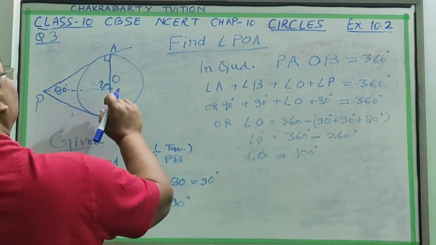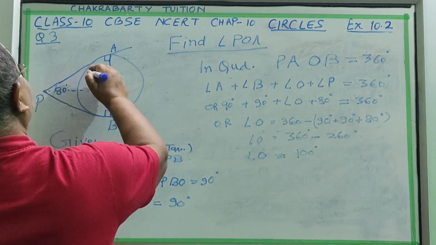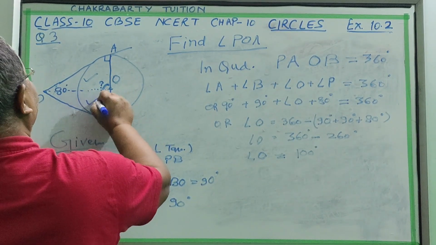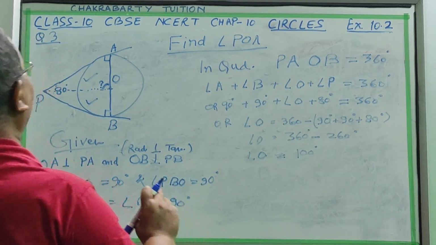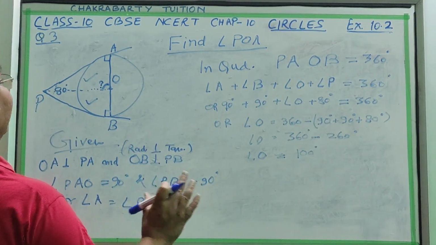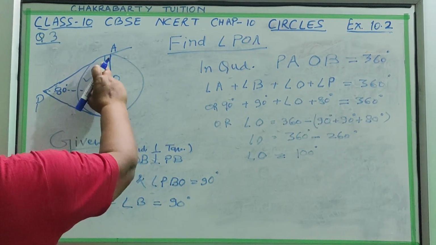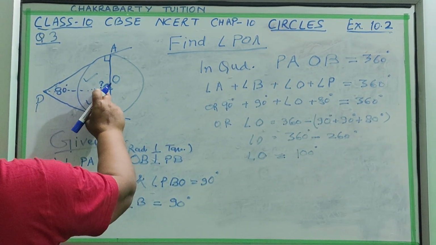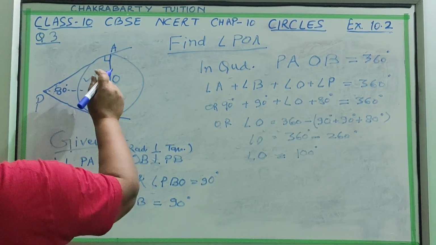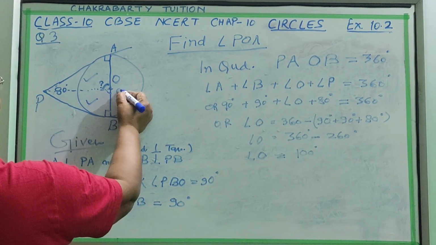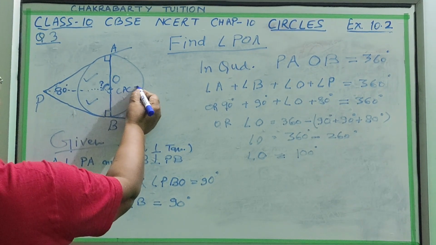Now we have to divide the 100 degrees between this triangle and this triangle. That's why we will first check the congruency between these two triangles. If the triangles are congruent, then this angle and this angle will also be equal, by corresponding parts of congruent triangles.